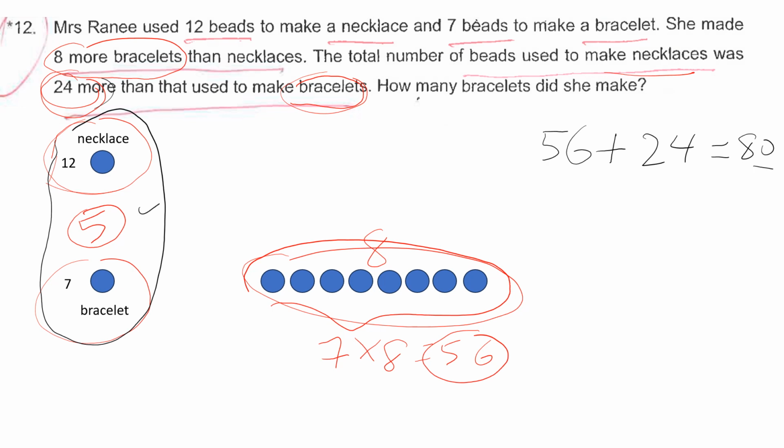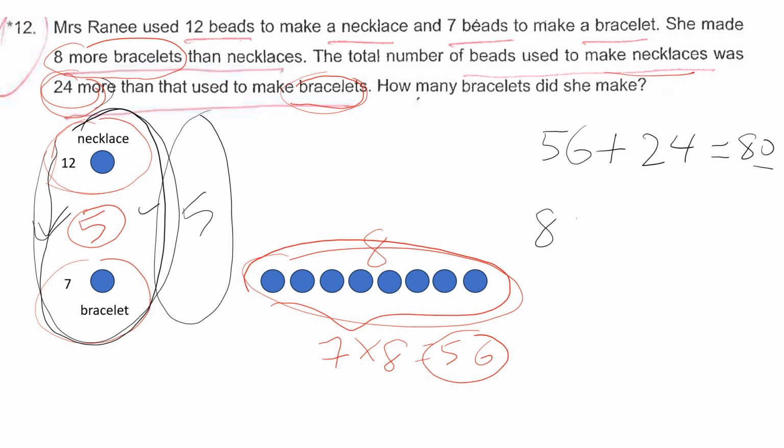So remember previously we taught you about grouping. One group over here, the difference is 5 beads. The second pair will have another difference of 5 beads. So how many groups are there? Correct. I'll be using 80 divided by 5 to find how many groups there are.